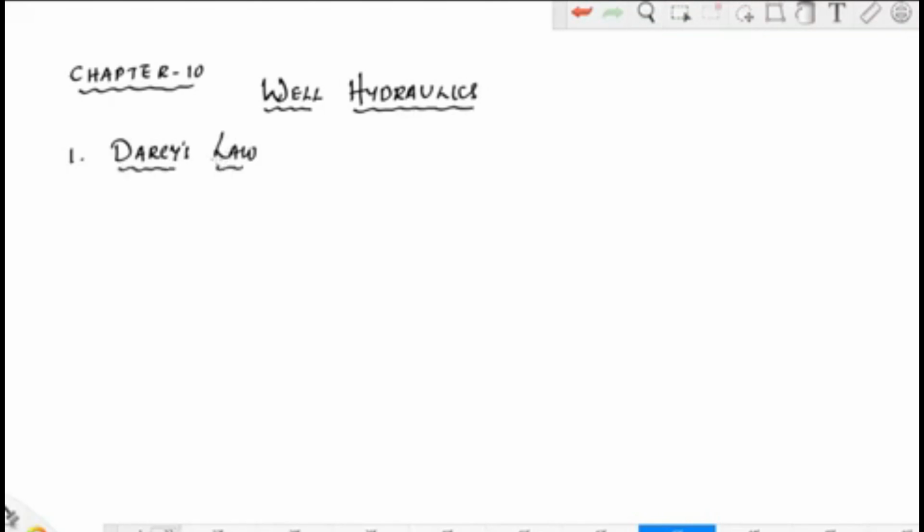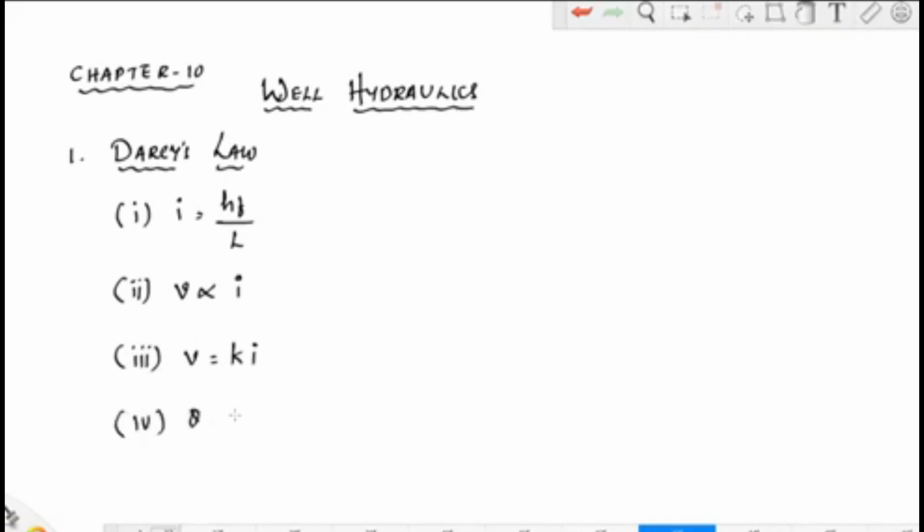So in Darcy's law, what you have to remember? Equations. So hydraulic gradient I is equal to loss of head divided by seepage length. Second one, discharge velocity is proportional to hydraulic gradient. Third one, V is equal to K into I.